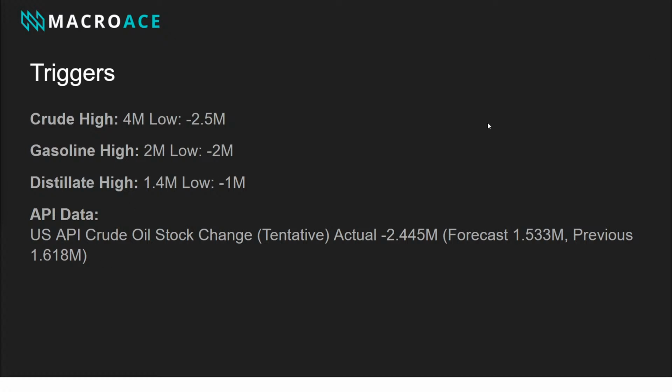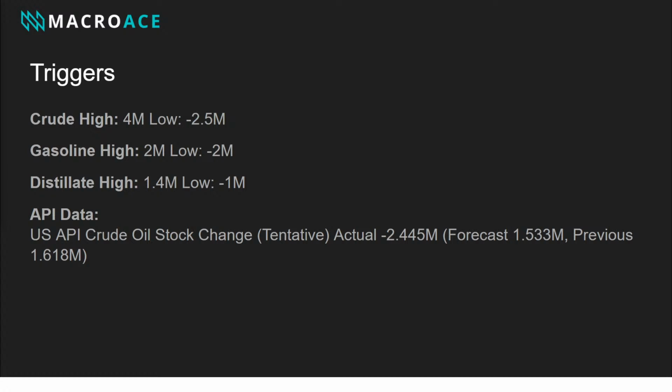Okay, so API data, as said. For some traders, what they do is that the night before, we get the private data that a lot of traders have a look at and try to trade. The reason traders look at it is that there has been in the past a correlation with API data and EIA inventories data.